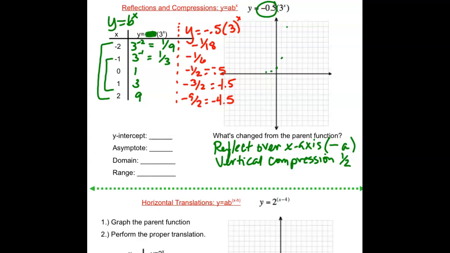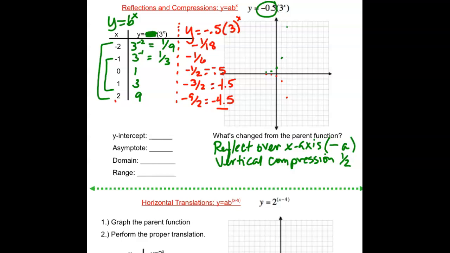Okay, so when x was 2, we had a negative 4.5. When x was 1, we had a negative 1.5. When x was 0, we had a negative 0.5. When x is negative 1, we were at negative 1/6, and then negative 1/18. So we're getting really, really close to that x-axis, but it's just going to be slightly underneath it.